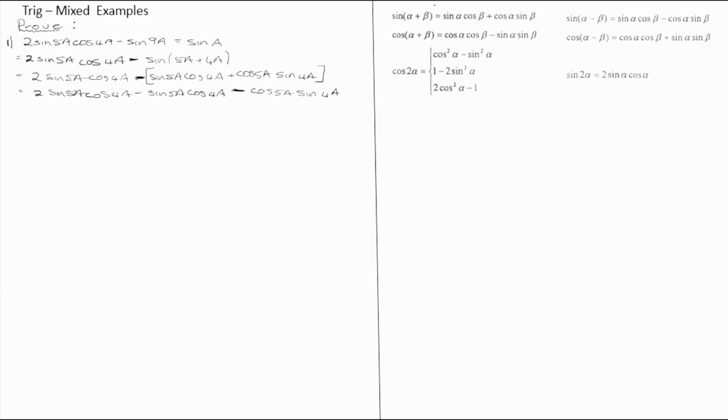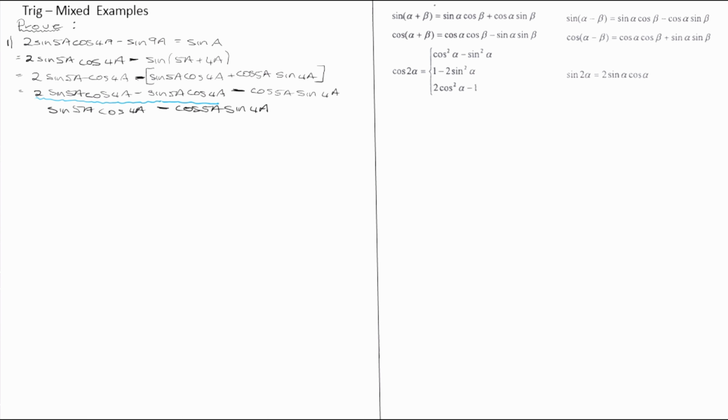Right, and then as usual with these kind of very wide, long questions, we have got like terms that we can add together. So 2 sine 5 cos 4 minus sine 5 cos 4 is 1 sine 5a cos 4a, and then bring that down minus cos 5a sine 4a.